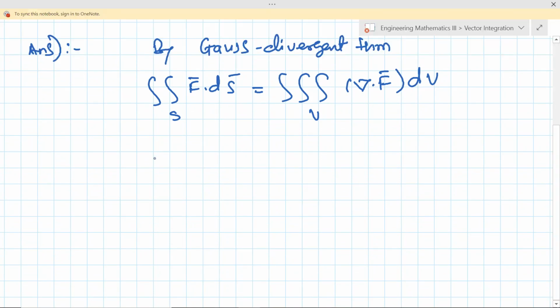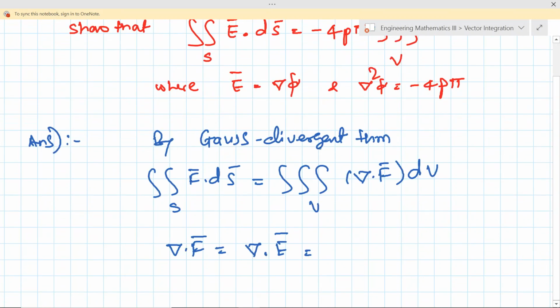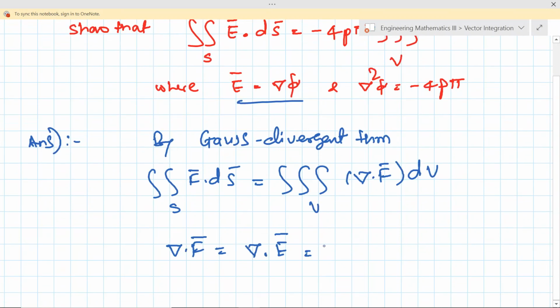So del dot f bar is nothing but del dot E bar. And what is E bar? E bar is nothing but del phi, as given. So this is equal to del dot del phi, and del dot del phi is nothing but del square phi. And what is the value of del square phi? This is minus 4 rho pi. So this is my value.